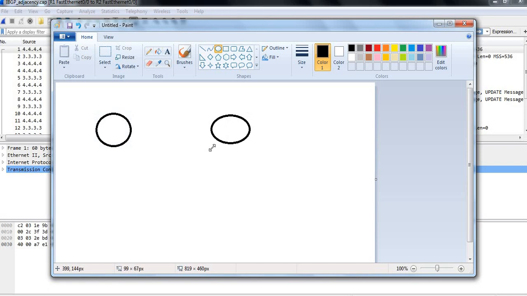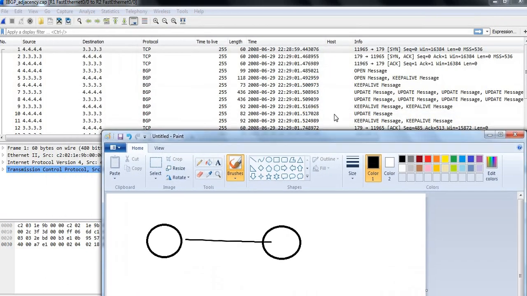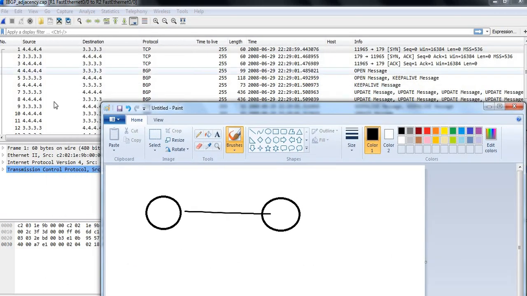What are these captures? I have two routers, and I am forming an IBGP neighbor between them. Let's say this is my 4.4.4.4, and this is my 3.3.3.3. You can see that 4.4.4.4 is the source which has initiated a SYN packet. BGP runs on port number 179.